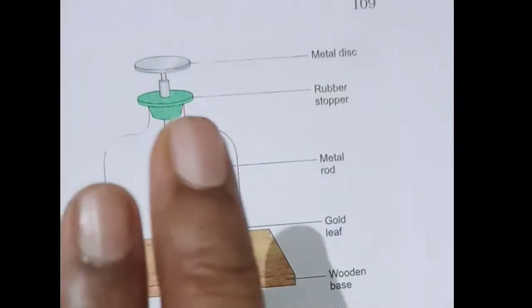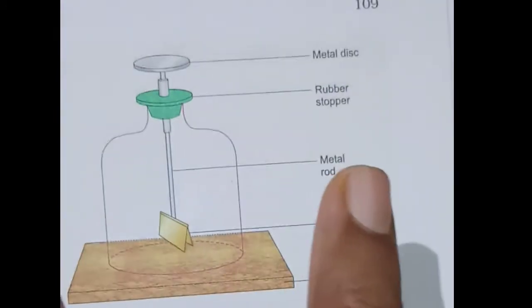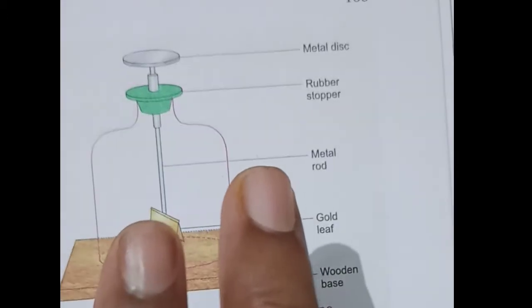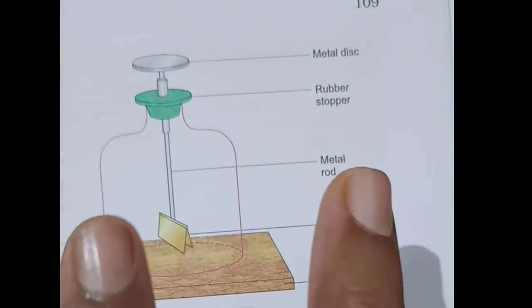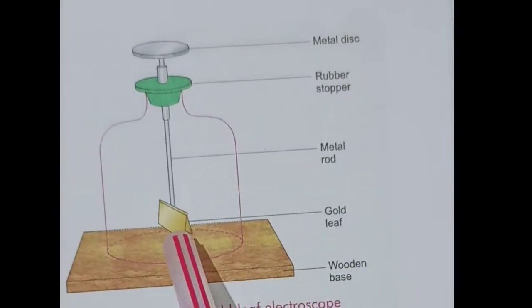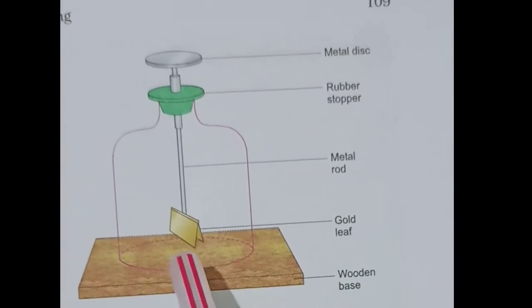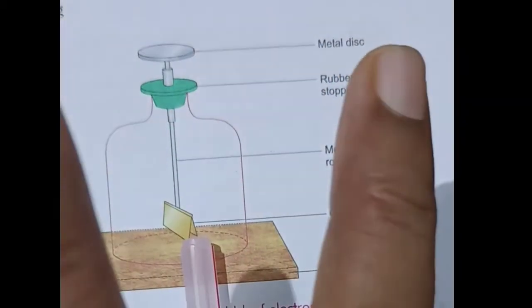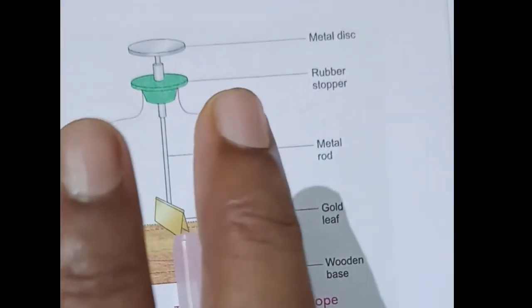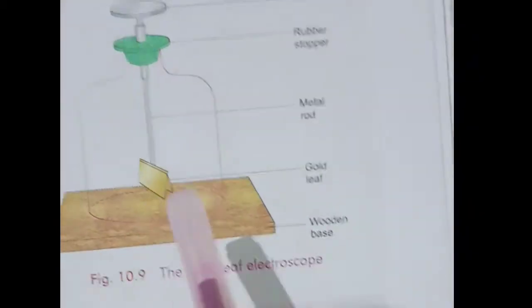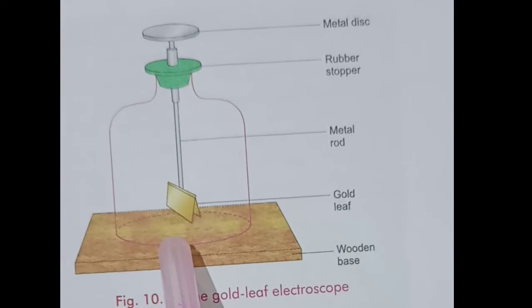Suppose the leaf was in this way, it will become this way, divergence will take place. So the divergence indicates the presence of the charge, and how much divergence takes place, little or more, will tell us how much charge it is.